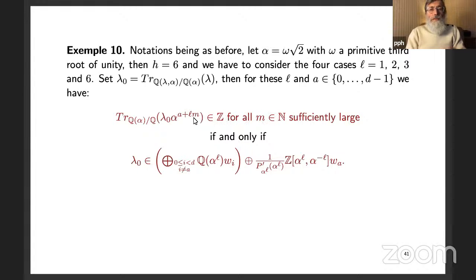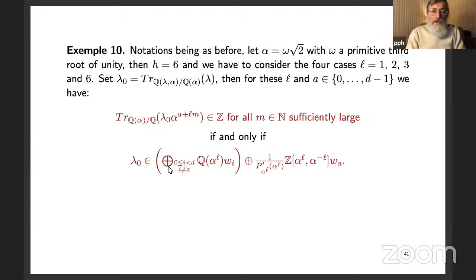So again, this is vanishing on an arithmetic progression of reason L. And this occurs if and only if lambda 0 belongs to this module.